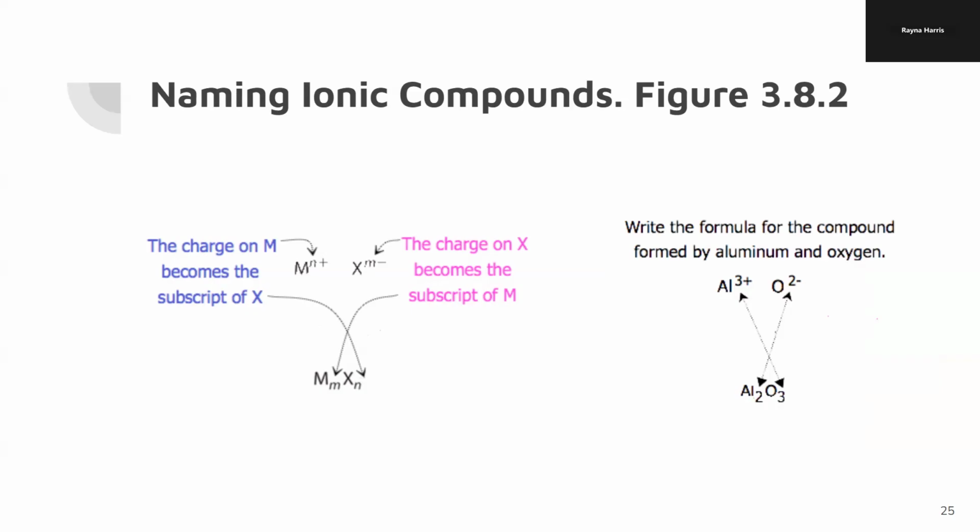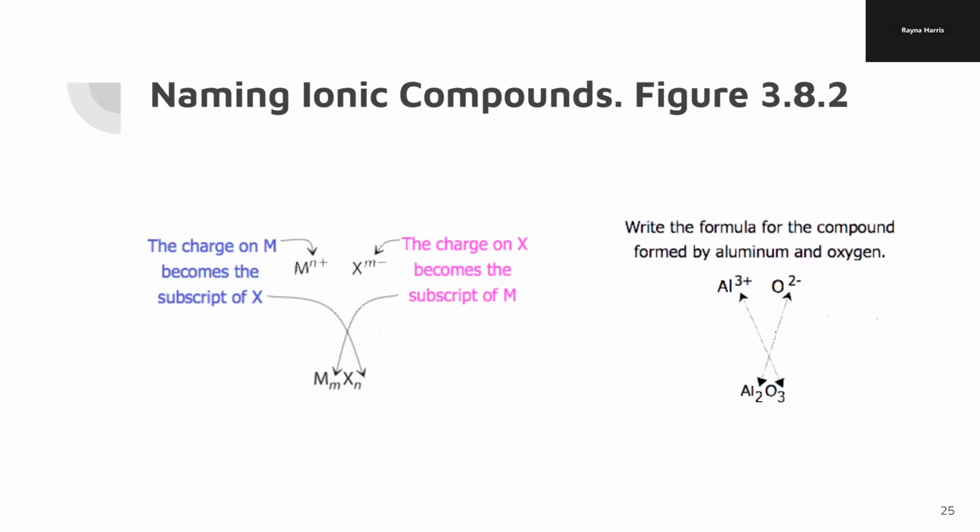Na has a +1, Cl has a -1, they form NaCl. If they have more than a +1 or -1 charge, when you bring 2 elements together that have a different charge, that don't cancel out perfectly, this subscript right here, Al +3, this 3 goes over to the oxygen, this 2 goes over to the aluminum, and we get aluminum 2, oxygen 3.